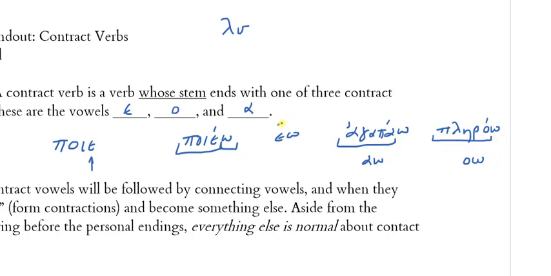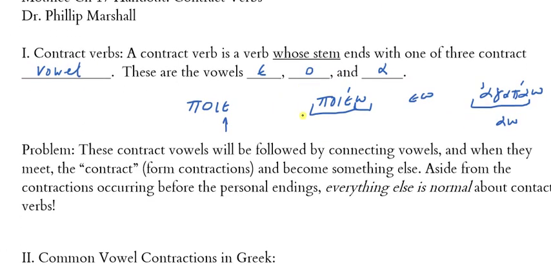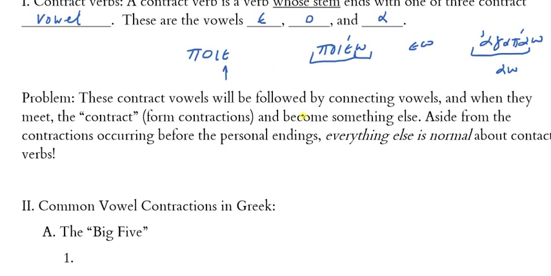Contract verbs are going to behave all in a very similar way, and we'll learn about that here as we come. Now, here's the problem with contract verbs. These contract vowels, epsilon, omicron, and alpha, will be followed by connecting vowels in Greek, right? Think about luo. We had lu plus, what were my two connecting vowels? Omicron or epsilon, and then we had our personal endings after that, right?